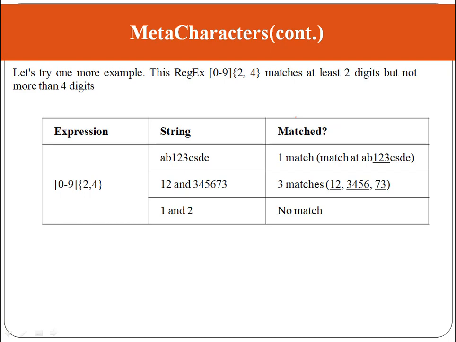Let's try one more example. This regular expression has 0 to 9 in square brackets and then curly braces 2 comma 4. So this matches at least two digits, because 0 to 9 are the digits, but not more than four digits, right?